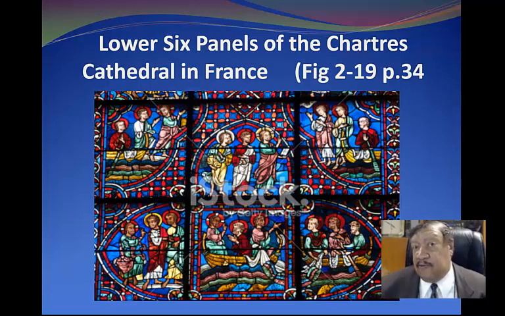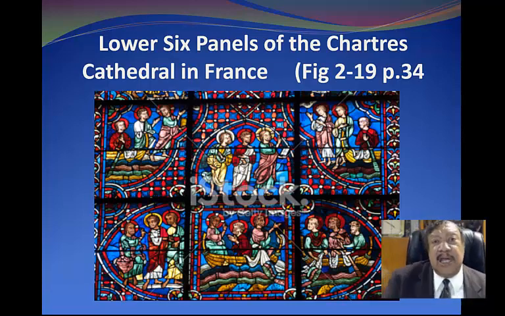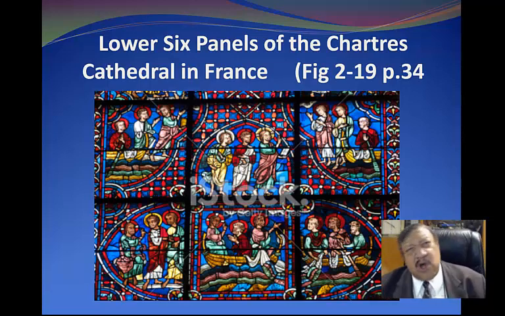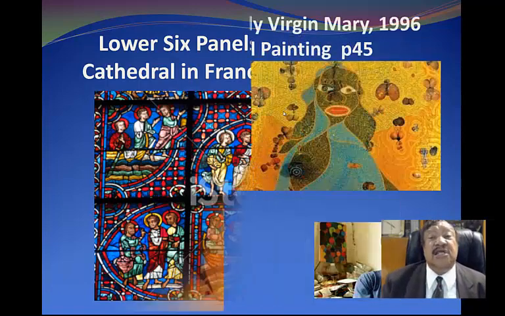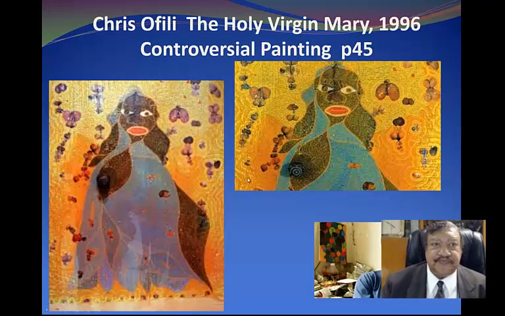Because the people could not read and they could not write, but they had to be converted and brought into Christianity. And the way they did it was through the art, through images, through stained glass windows, through frescoes, through sculpture. And we're going to see that over and over again.